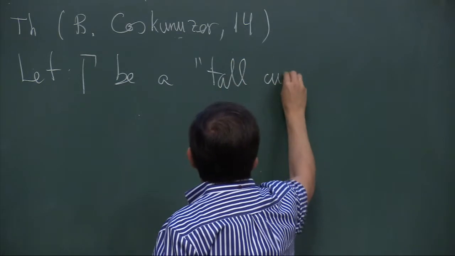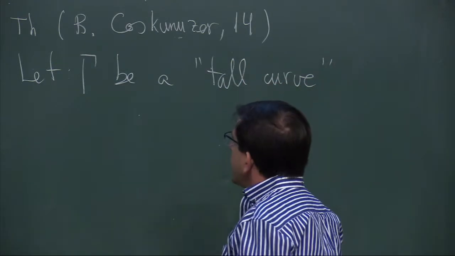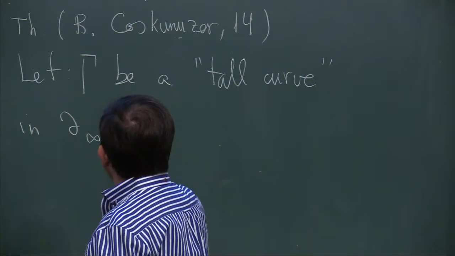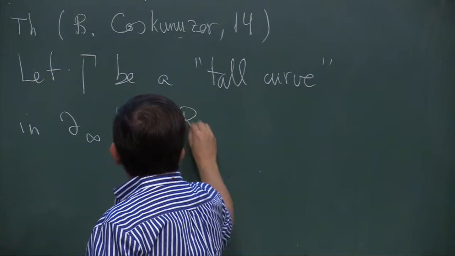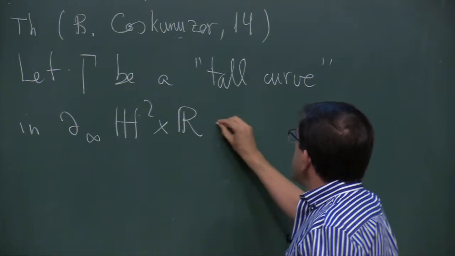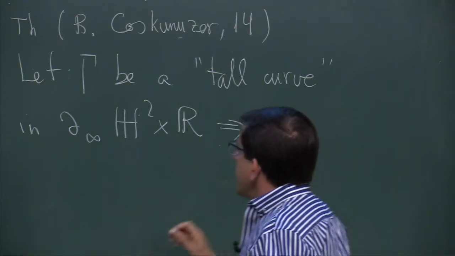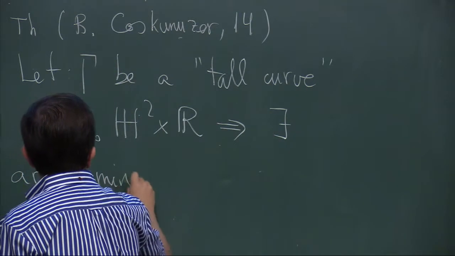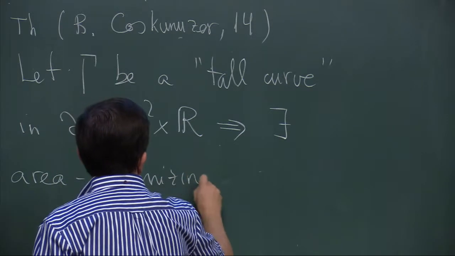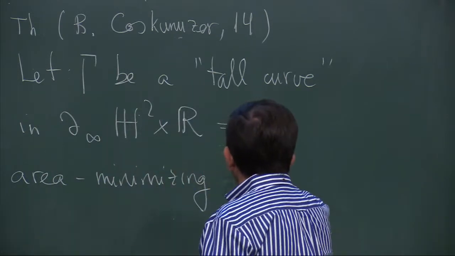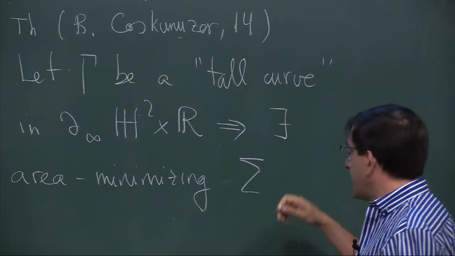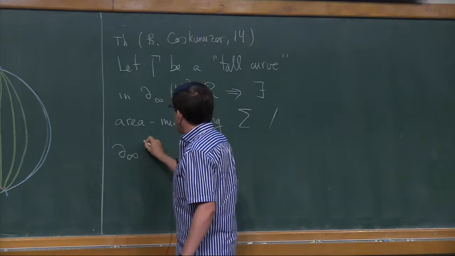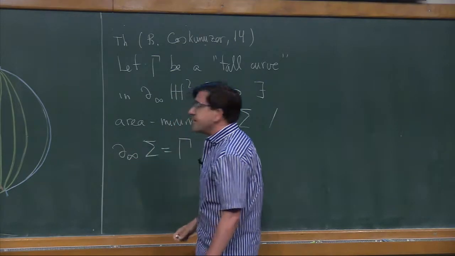I'm going to explain in a minute what the meaning of this is. In the ideal boundary of H2 cross R, then there exists an area minimizing surface sigma, so that the boundary at infinity of sigma is this curve gamma.